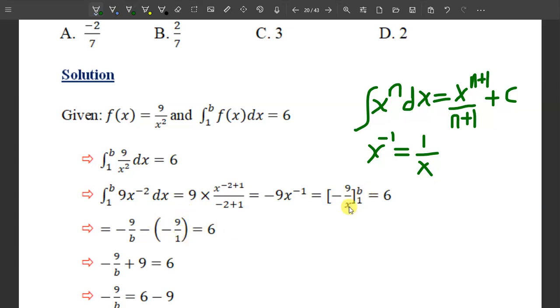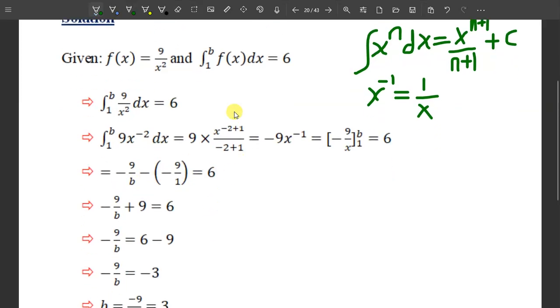After subtracting, since the definite integral of f of x dx is equal to 6, as given, multiply minus by minus, and it becomes minus 9 over b plus 9 is equal to 6.